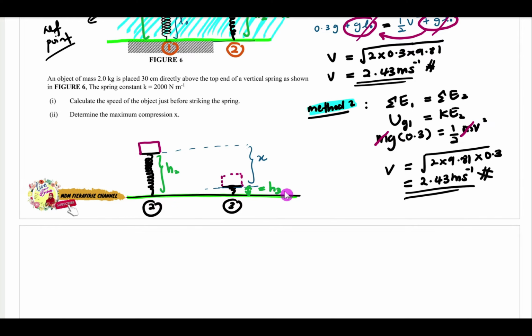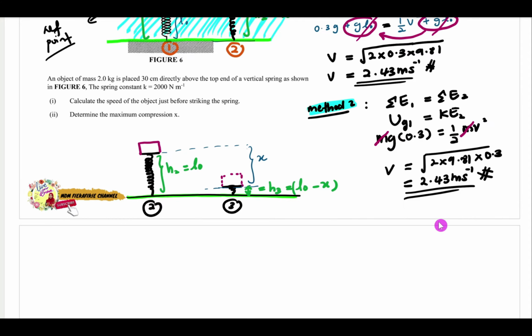So kalau H2 kita adalah L0, H3 kita must be L0 minus X. Kan? Kalau ini ketinggian dia adalah L0, panjang asal spring, tapi ketinggian kecil ni adalah ini tolak ini, L0 minus X.